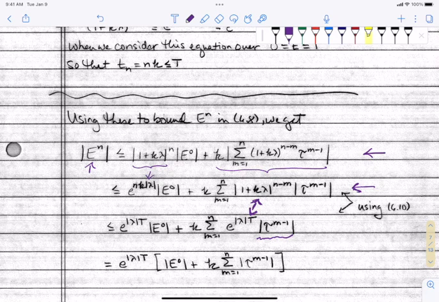So now, what have I done? If you notice, I have an e to the lambda T sitting here, and then I have an e to the lambda T sitting here. I should be saying absolute value of lambda times capital T, but I'm being a little lazy. So now I'm going to factor that thing out, and you see what I've got left over.